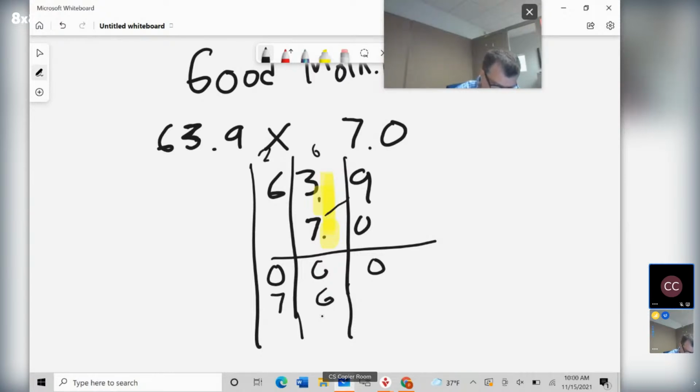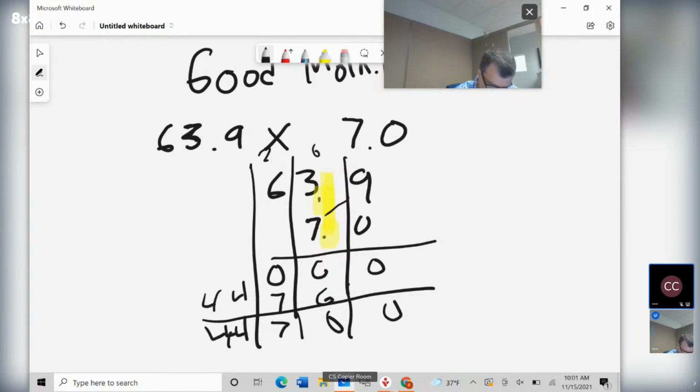And then 7 times 6 is 42, plus 2 is 44. So we add this all up, we're going to get 0, 6, 7, 44. And what we need to do is remember to bring the decimal down right here.